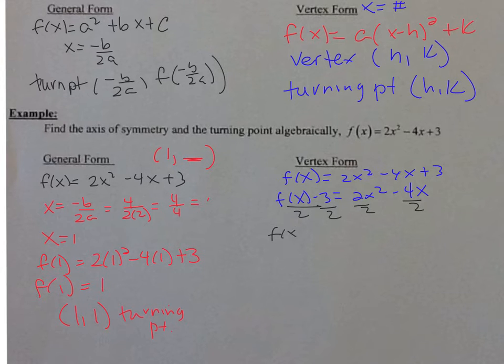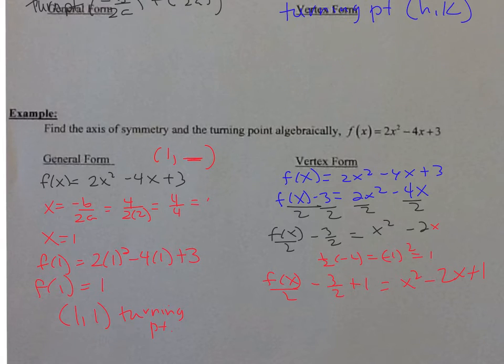So it's f of x over 2 minus 3 over 2 equals x squared minus 2x. So then we're going to do half of negative 2, which is negative 1, square it, add it to both sides. We get f of x over 2 minus 3 over 2 plus 1 equals x squared minus 2x plus 1.